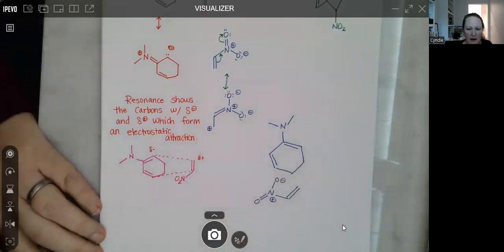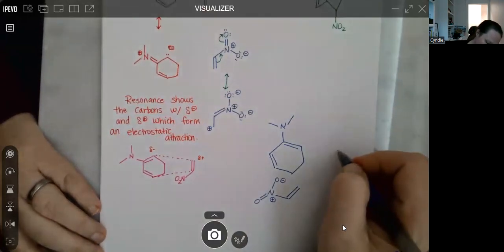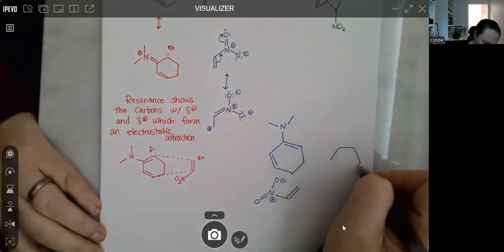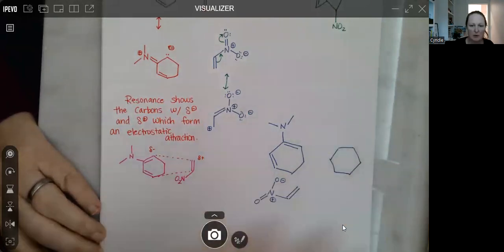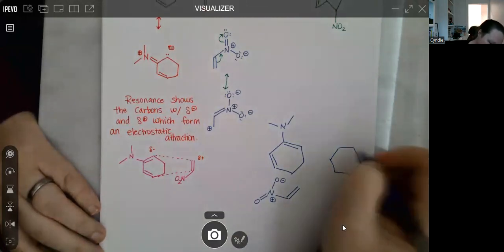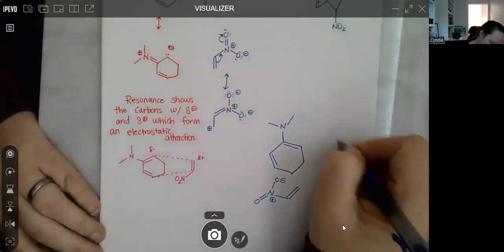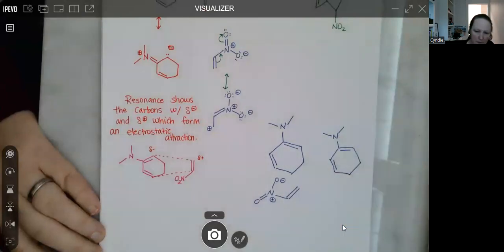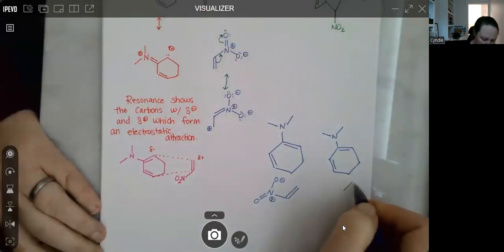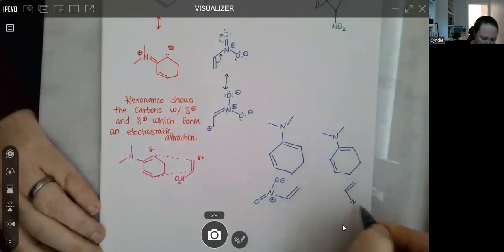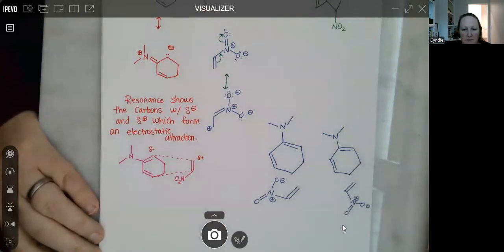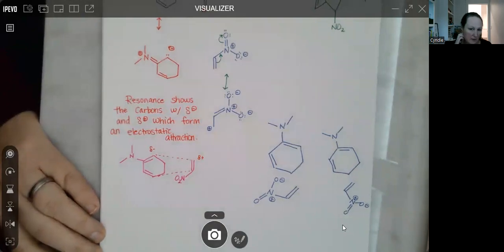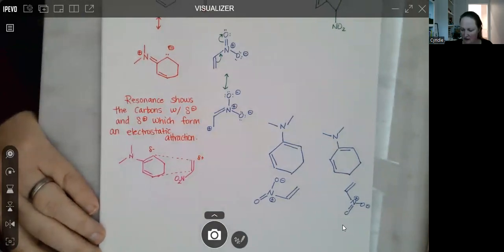Okay, so that's one orientation that they could potentially exhibit when the dienophile approaches from the bottom of the diene. And then another possible orientation is with the electron withdrawing group, that nitro group, pointed away from the diene.